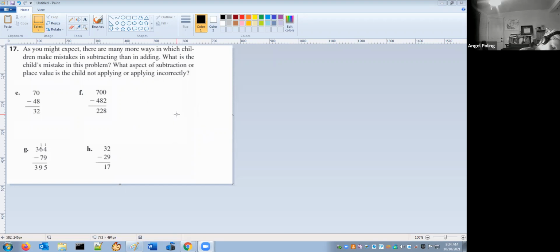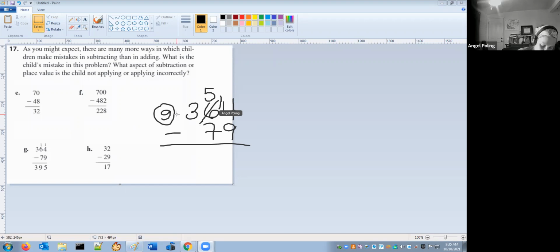In G, the student is borrowing, but they aren't taking it away from the place value and renaming, right? So for G, we have 364 take away 79. What needs to happen is when we borrow from our neighbor, we rename and then carry the 1, giving that to the 1's place.